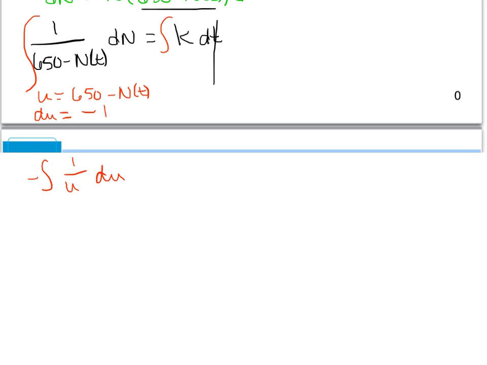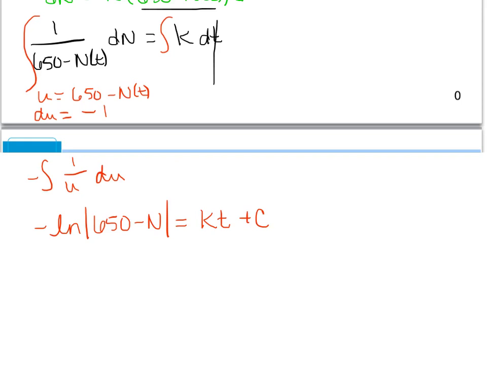So this is going to give me a negative natural log of the absolute value of 650 minus n is equal to, and the integral of k dt is just kt plus c. So now let's first get rid of the negative.